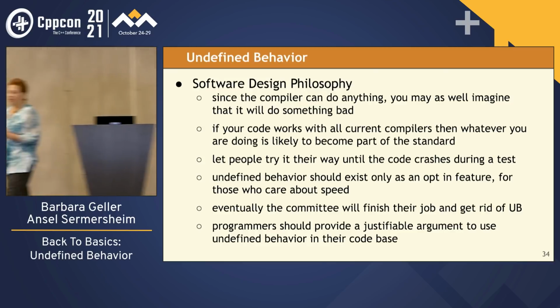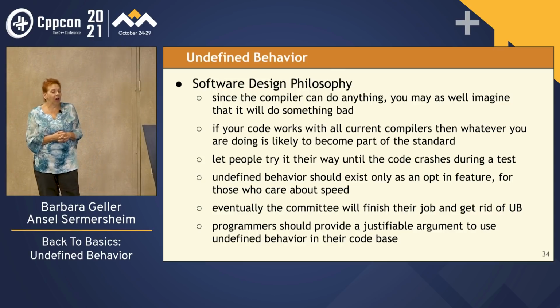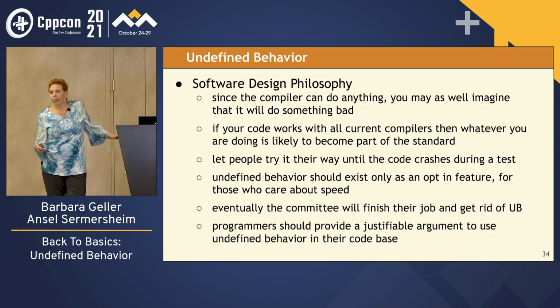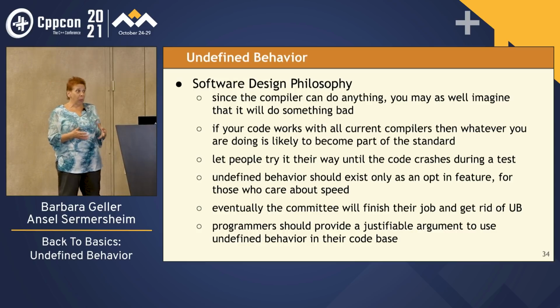A lot of people believe that undefined behavior should only exist as an opt-in feature. I want lots of speed, so let me opt into the idea of undefined behavior so the compiler can do its magic. This is not an option. You can't opt in or opt out. Again, you're a C++ developer. It is there. The question is, how are you going to handle it?